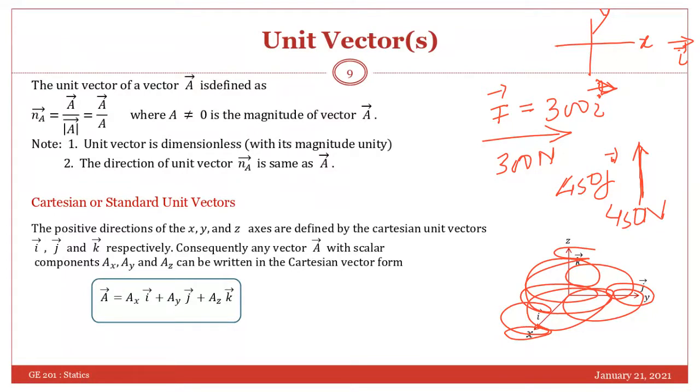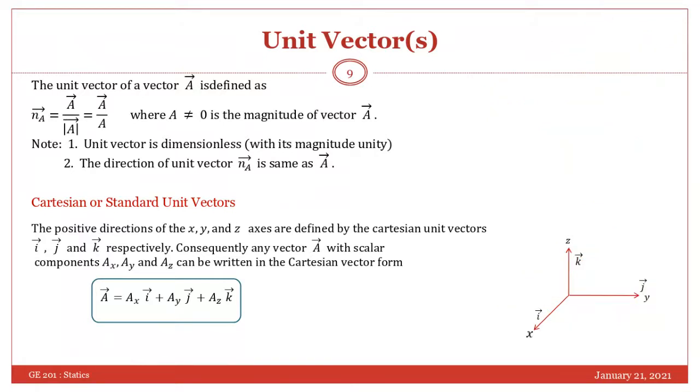But suppose it is acting in a direction which is neither x nor y nor z, for example, this is the direction. Sorry, I'm not able to make the drawings properly.